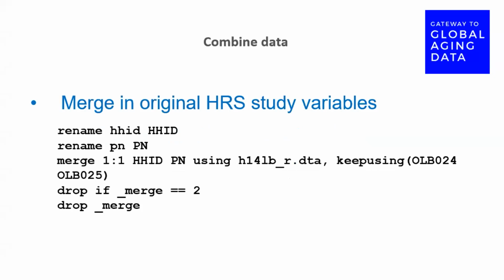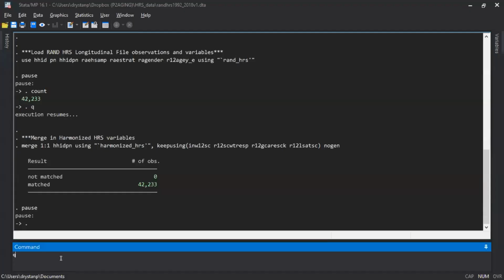One difference is that Stata variable names are case specific, and they are lowercase in the RAND HRS longitudinal file, but in some of the HRS data, they are all uppercase. So we need to rename them to make sure that we can match them. And then we're going to perform a one-to-one merge jointly. And let's show that inside of Stata.